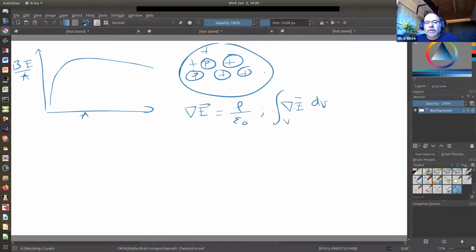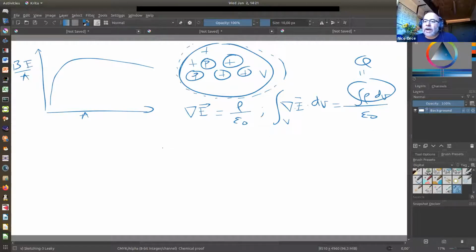So basically, you have a volume here, and you have different charges, and the divergence of the electric field will be equal to the integration of rho dV over E naught, where this is basically the charge inside the Gaussian sphere, this symmetrically uniformly charged distribution for our nucleus.